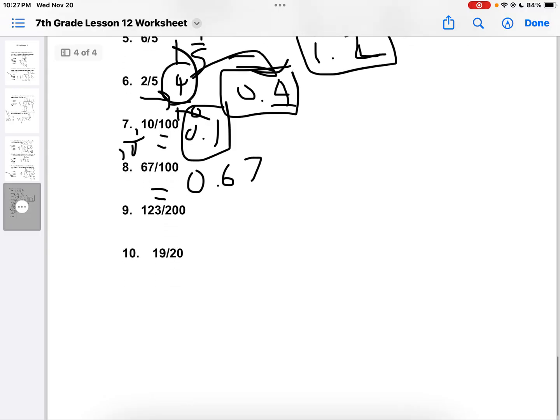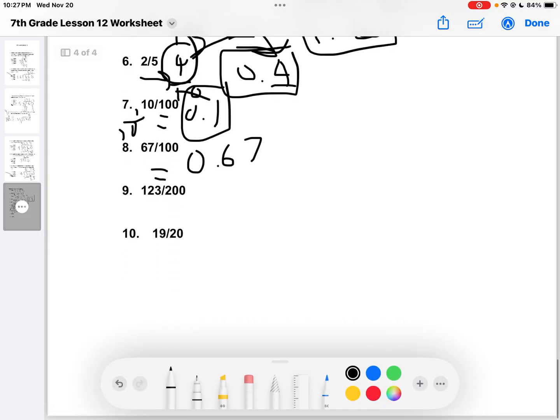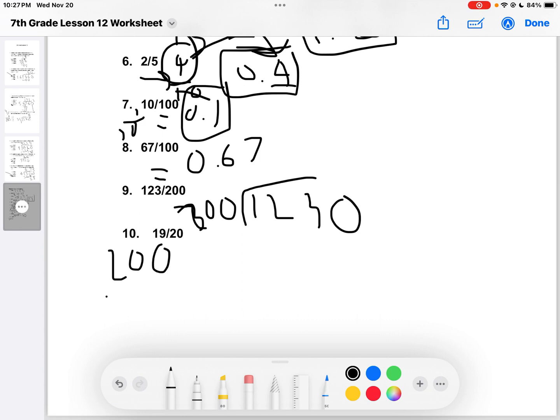And number 9, 123/200. So, well, I forgot how to do this one, so we'll just solve it. 200 goes into 1,230 6 times. 0.6.